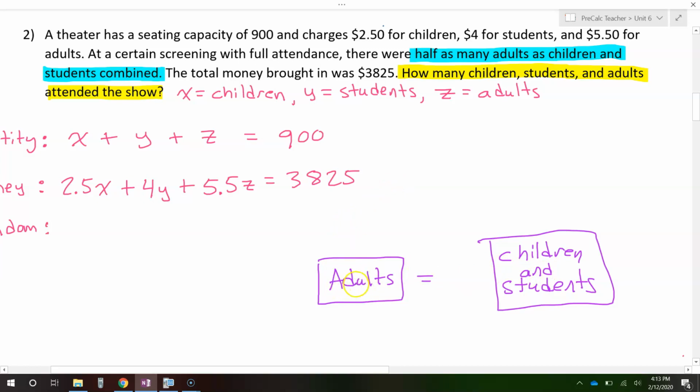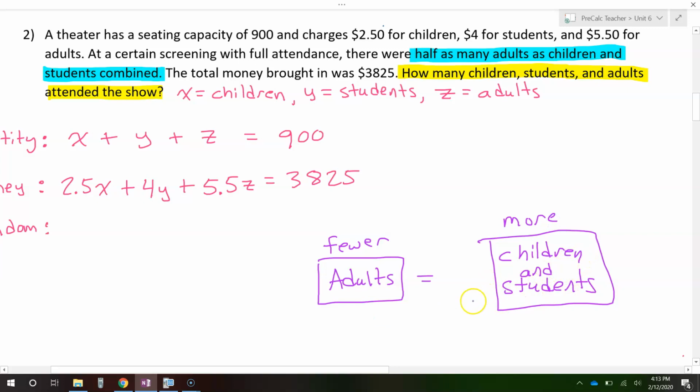Are there more adults, or are there more children and students combined? Well, it says there are half as many adults. So I think we will agree that there are fewer adults. And that means that there are more children and students.